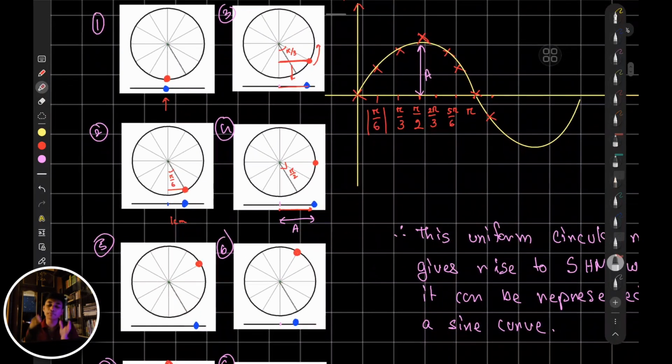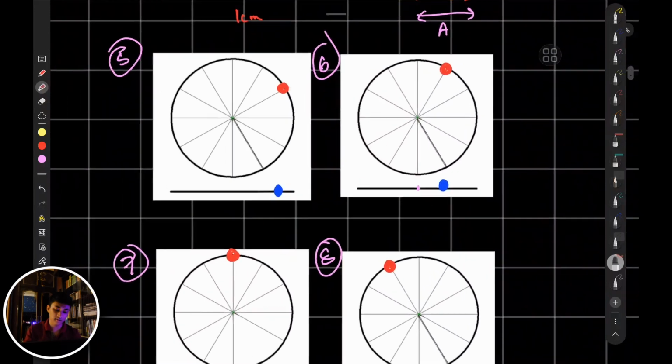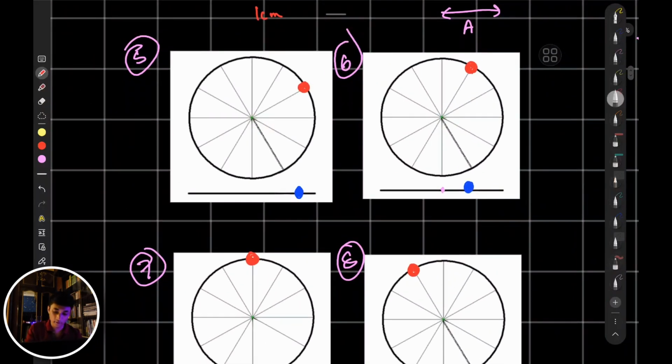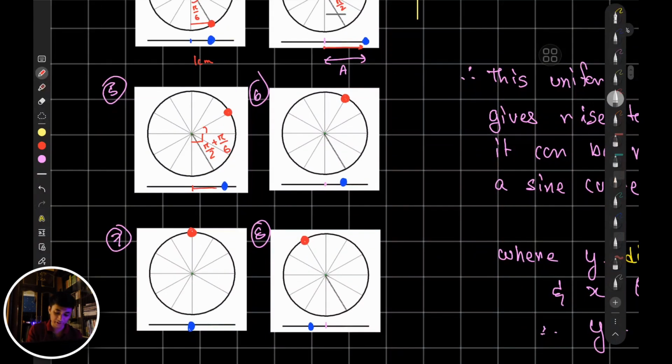So if we keep plotting it, and this red bob goes from here to this new position, we can see it moves by another π/6 rad, from π/2 to π/2 plus π/6. You can calculate it, and this again moves closer, meaning it's oscillating.